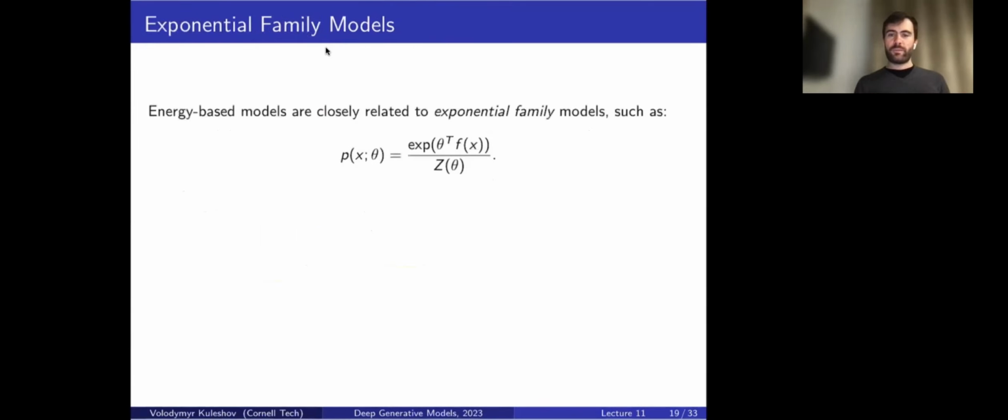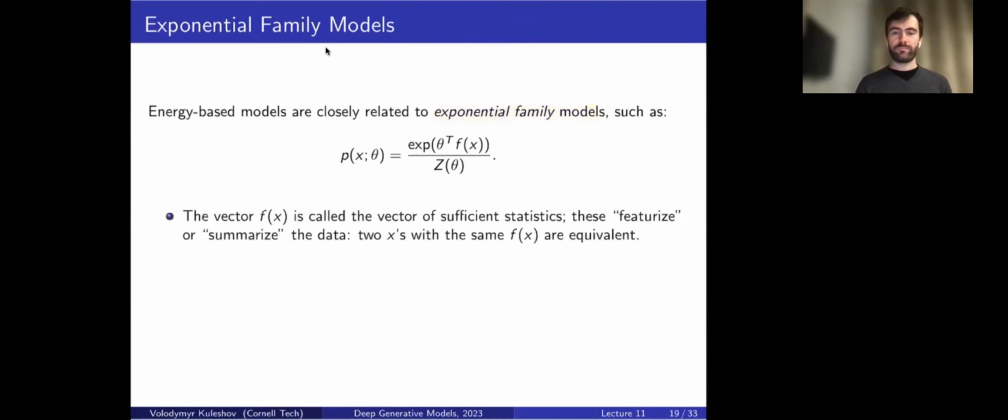So I'll introduce MCMC in the context of a type of model called exponential family models. Here you see the formula for an exponential family. This is a function where the relationship between the parameters theta and the input x is linear. So x is being featurized with some vector of features f, and then the energy is linear in theta and f.